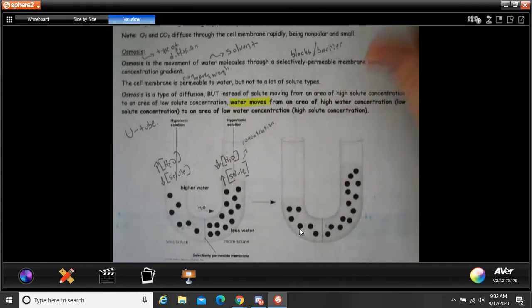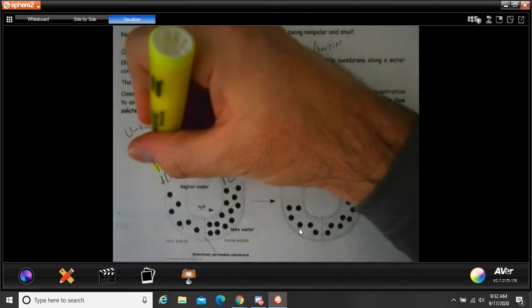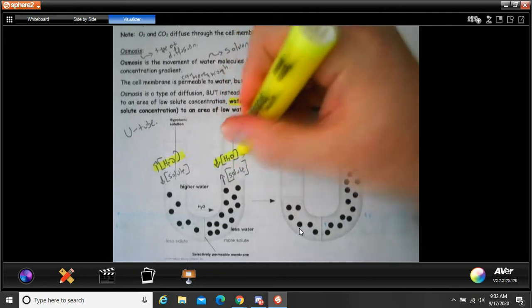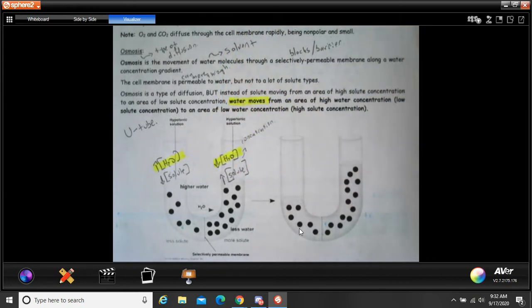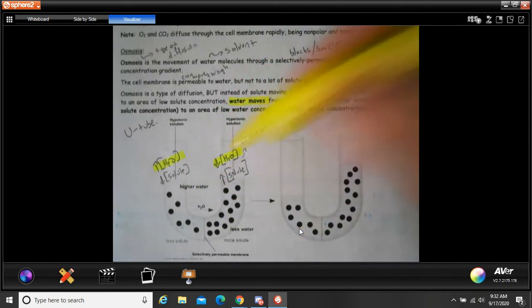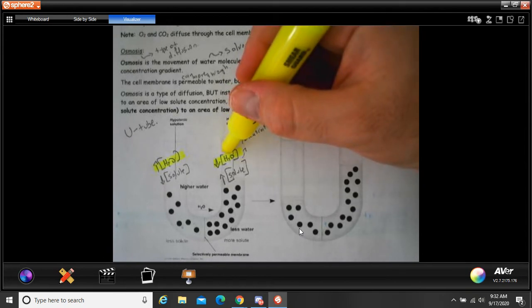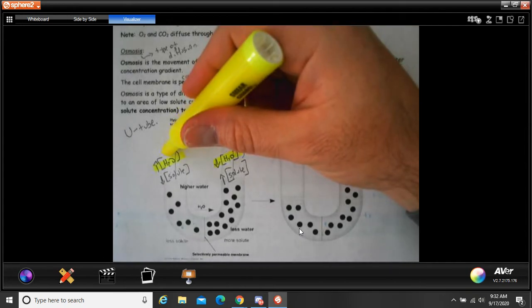As a result, what we want to identify is the area of water concentrations, and it will diffuse in osmosis. So visually we can get the solute concentrations, and from that, we can get the water concentrations. Now we've established that this is high water, and this is low water.